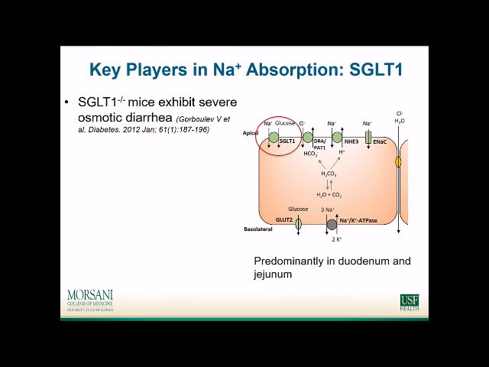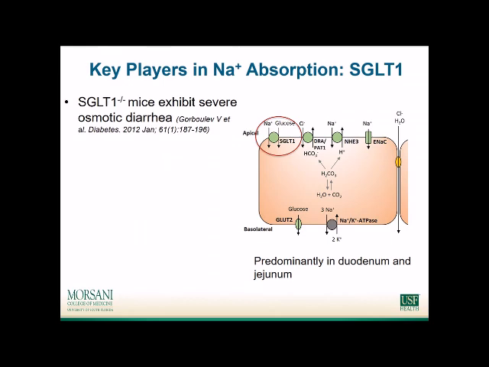But we do know that in both humans and in animal experiments, if you knock this transporter out, so these SGLT1 knockout mice, they have a whole host of problems, but one thing that they exhibit is severe osmotic diarrhea. And so then we like to think through, why would that be the case? Why would these mice, or even humans, have an osmotic diarrhea because they can't bring in sodium or glucose?